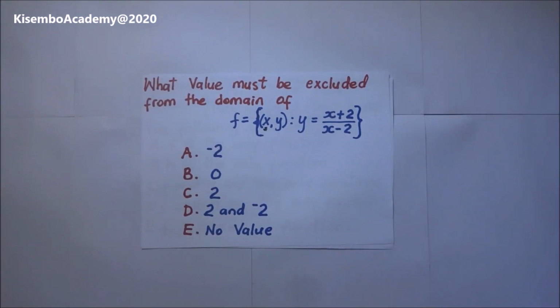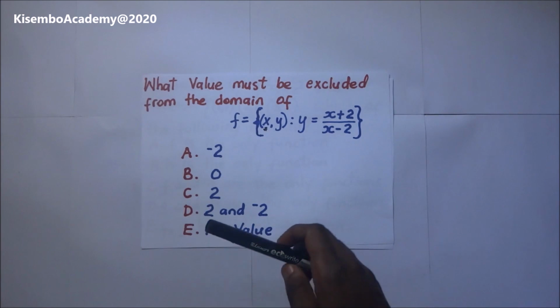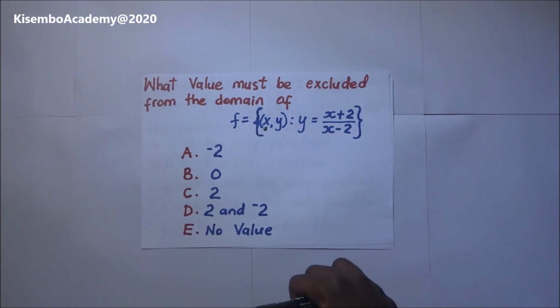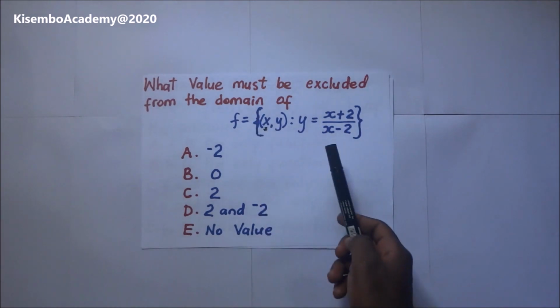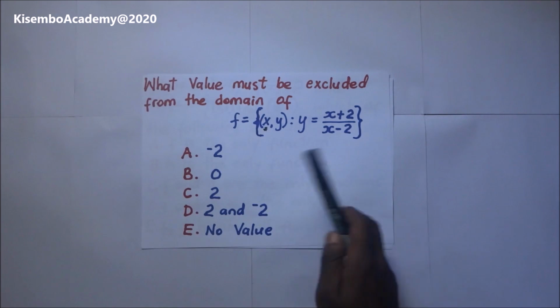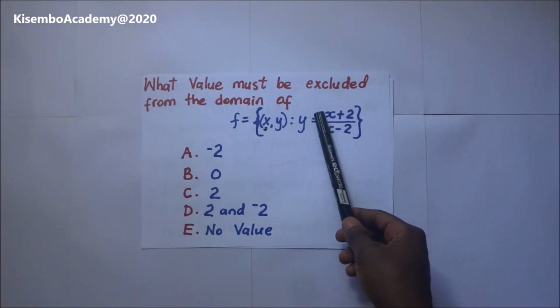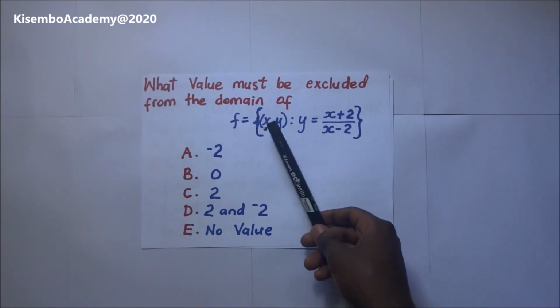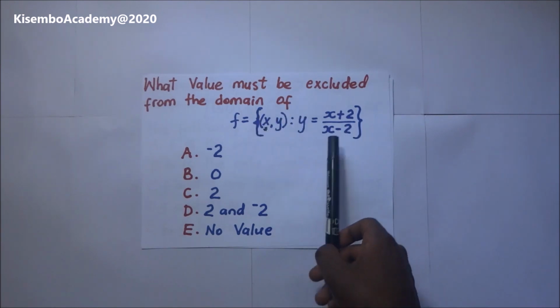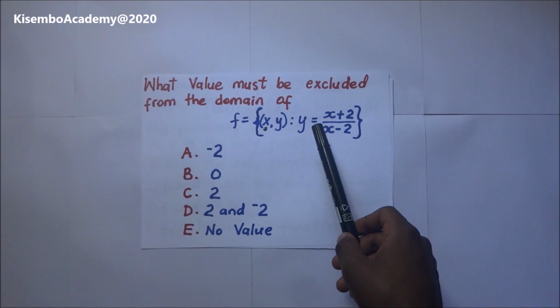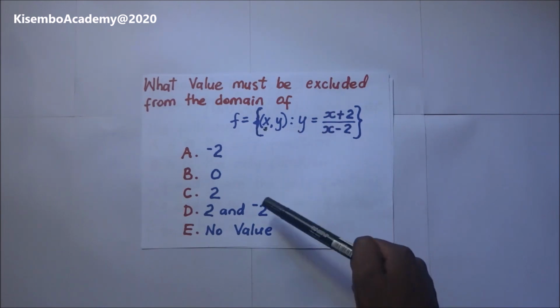We had stated earlier that unless the domain is explicitly stated, the domain is always assumed to be all real values that produce real numbers as outputs. Now, if you look at this expression, there's not been any rule stated that the domain is supposed to be running from this value to that value. So that rule applies here, that the domain is going to be assumed to be all real values that produce real numbers as outputs.